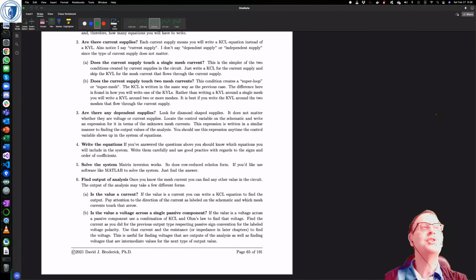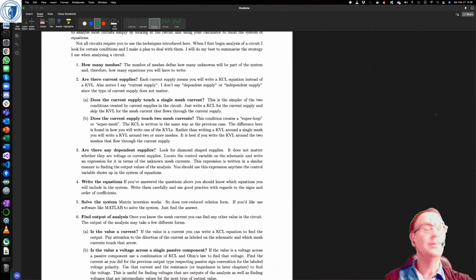And it's a strategy for dealing with all the things that I've talked about. If there's a single mesh current flowing through a current source, it's a freebie. If there's a super mesh required, it talks about that. So there's the freebie one there, and there's the super mesh one, or a super loop.